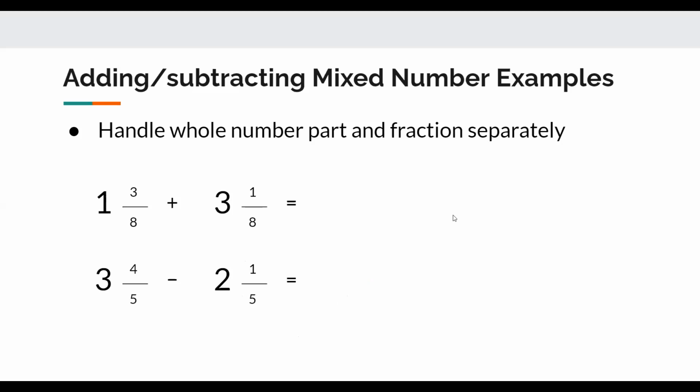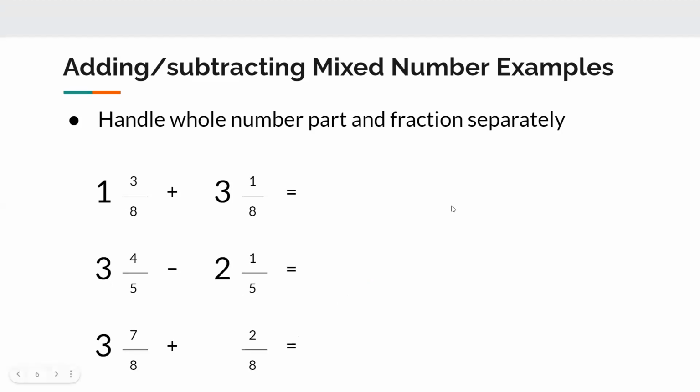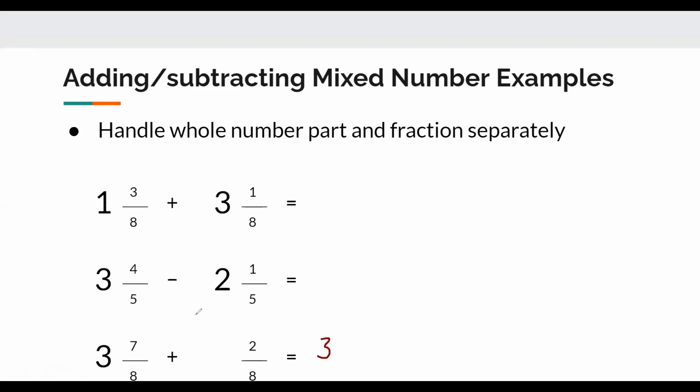Last problem, 3 7/8 plus 2/8. There's no whole number in this part, so we're basically adding 3 to 0. So our whole number part of that would be just 3. 7/8 plus 2/8. Again, we have common denominators here. So we're adding 7 to 2, and we get 9/8. Now, this is a little bit different. This is what's called an improper fraction.